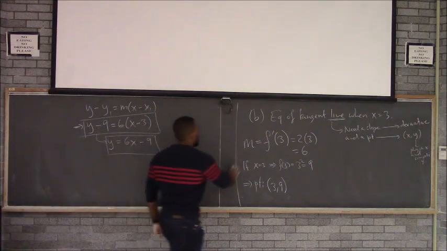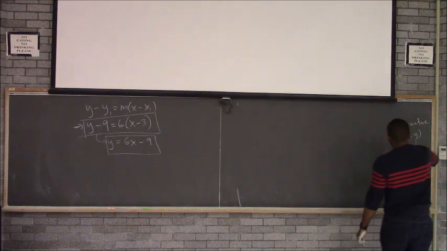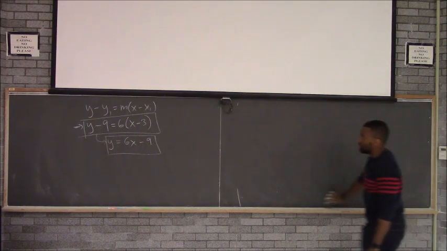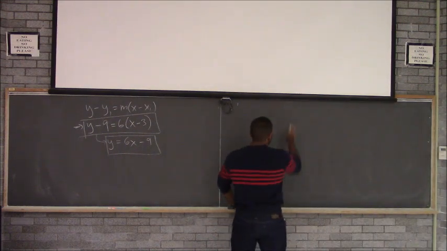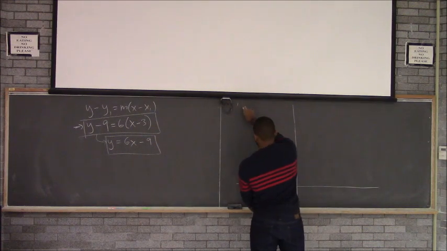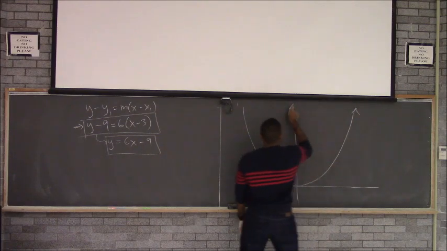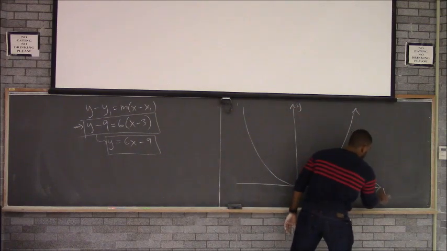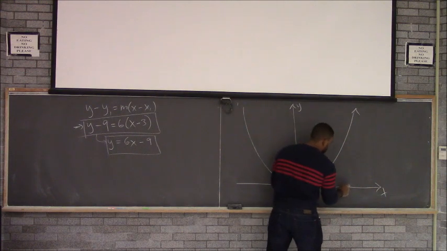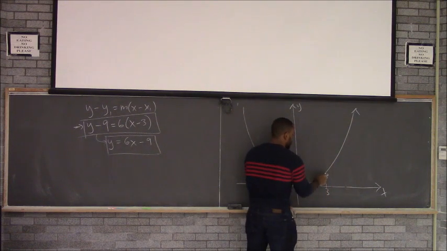Now, what actually happened here? So just put a picture to this. What we were looking at was the graph y equals x squared. Now, for some reason, x equals 3 was a point of interest.